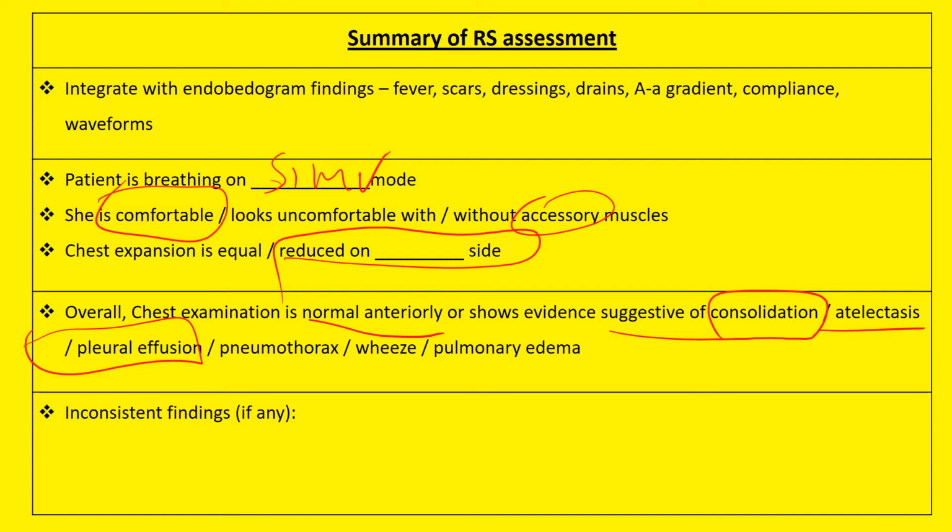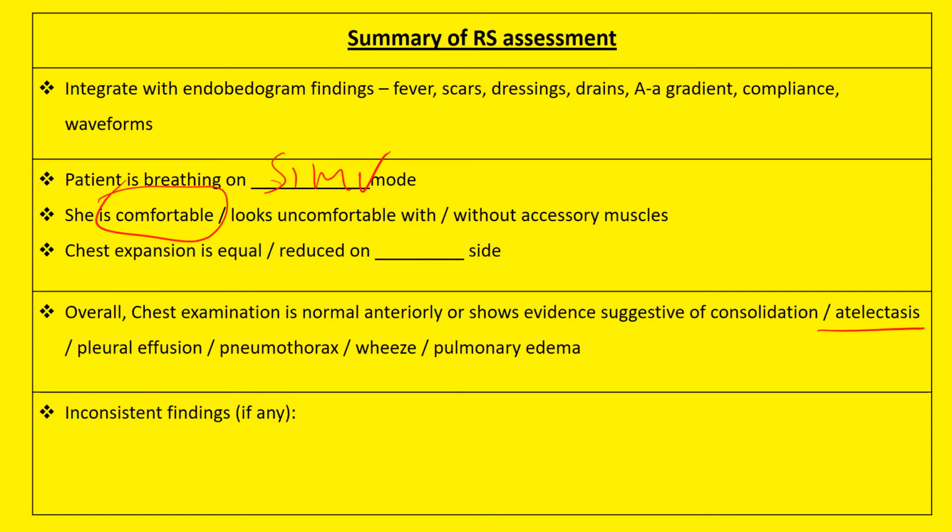And then I can see hyperresonance with reduced breath sounds, and therefore it's a pneumothorax. And there's also evidence of pulmonary edema with a wheeze or something like that. Okay, for each of these things you have to say the findings, and then the inconsistent findings. I thought there was a pneumothorax on the right side, but the trachea is deviated to the same side, so I'm not able to put it together.